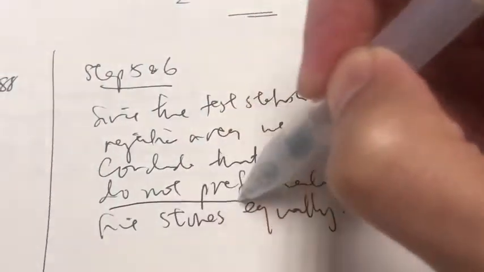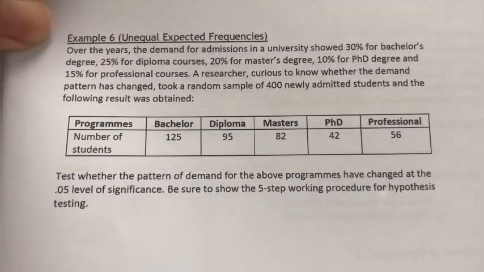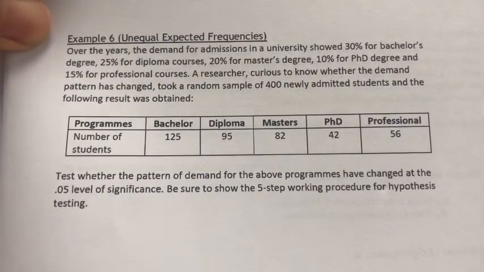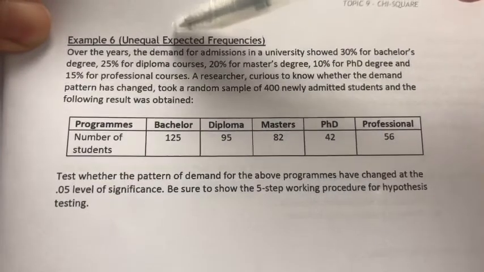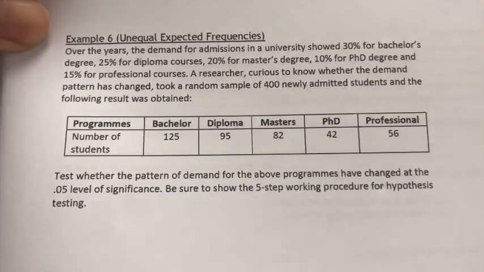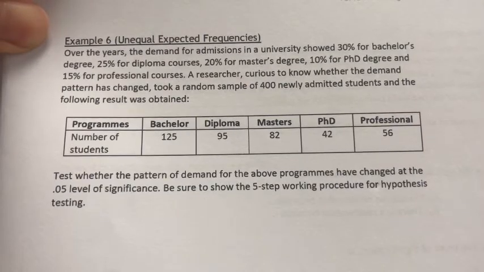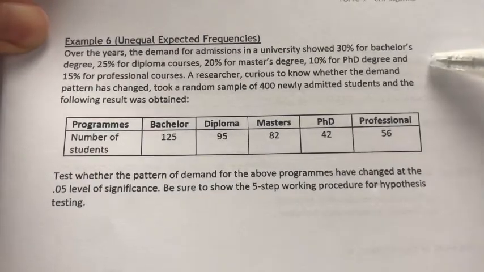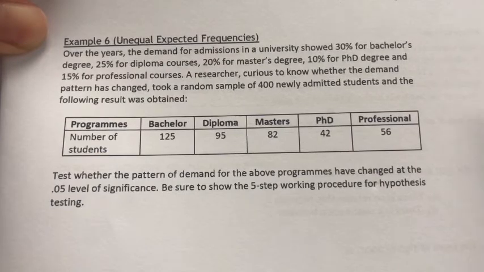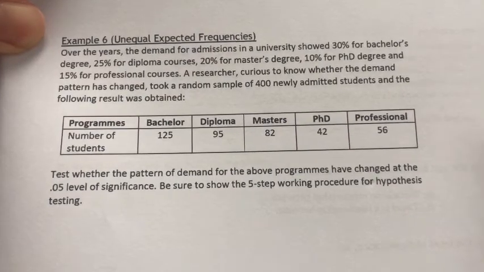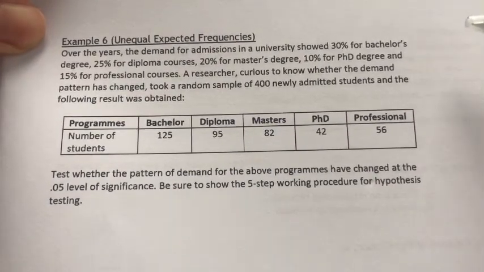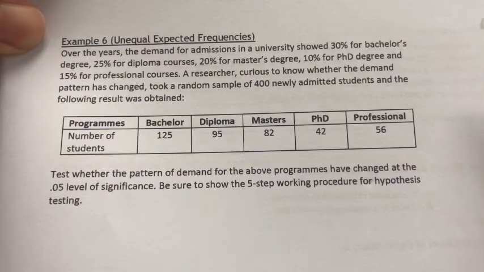Do not prefer. Let's take a look at the second example of our goodness of fit test, but this time it is for an unequal expected frequencies case. Over the years, the demand for admissions in a university showed 30% for bachelor's degree, 25% for diploma courses, 20% for master's degree, 10% for PhD degree, and 15% for professional courses.